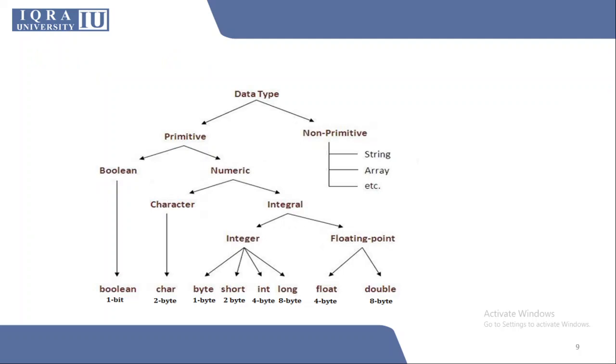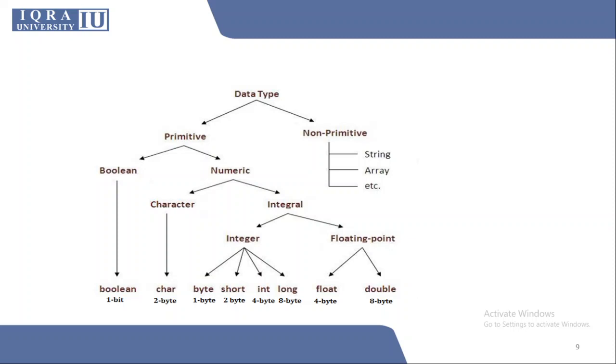Now this is a chart for data types. Data types are divided into two types: primitive and non-primitive. In primitive, that is predefined data types, we have a boolean data type with the keyword boolean. Next is numeric.